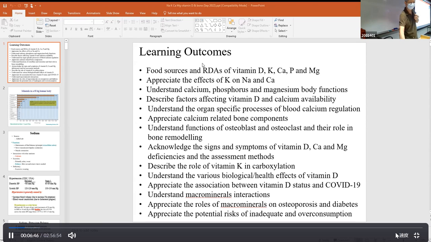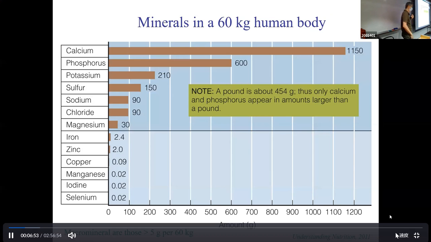Now, this second slide is just an outline so that you know how we define what is macro and what is micro. When we say micro mineral, we usually refer to them as trace elements.